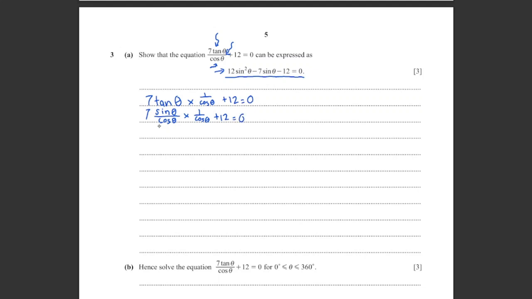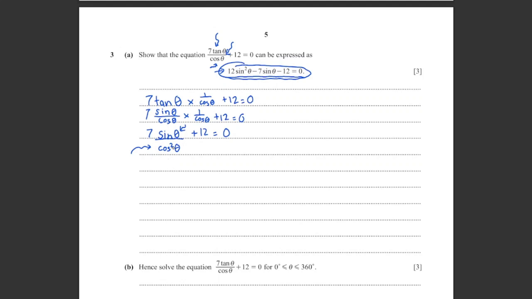So what's going to happen is we can multiply the denominators. So we're going to get 7 sine theta over cosine squared theta plus 12 equals 0. Now I can make this cosine squared theta disappear, because I'm not trying to do anything with it. I have sine in my final answer, I don't have cosine squared theta.